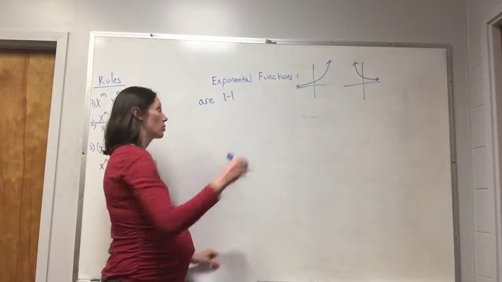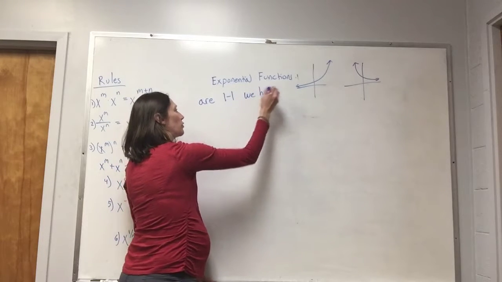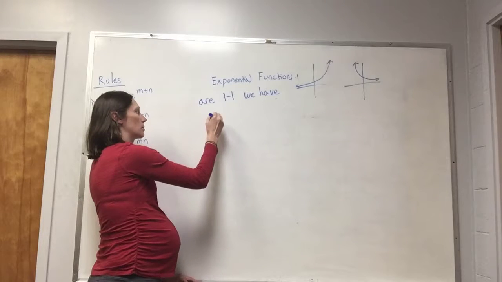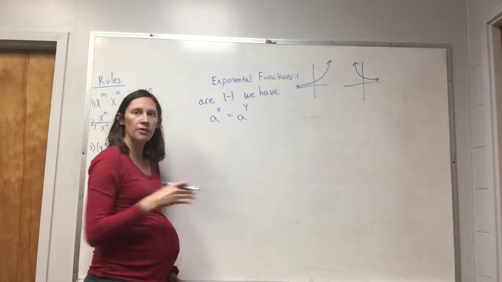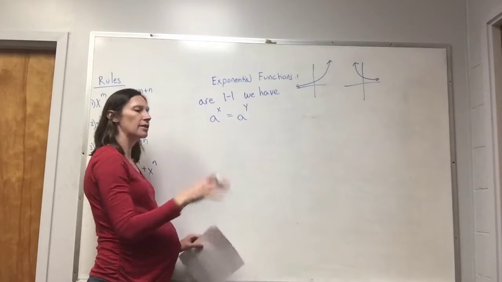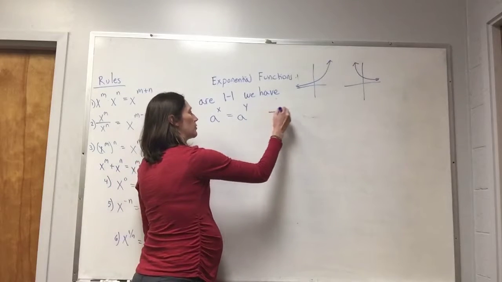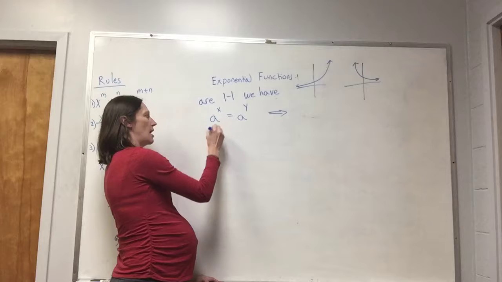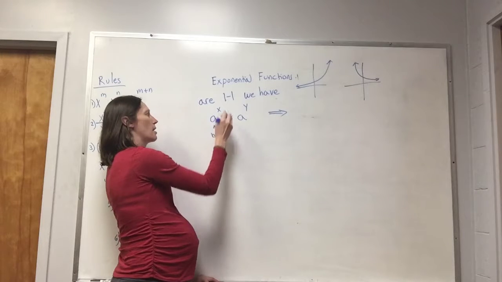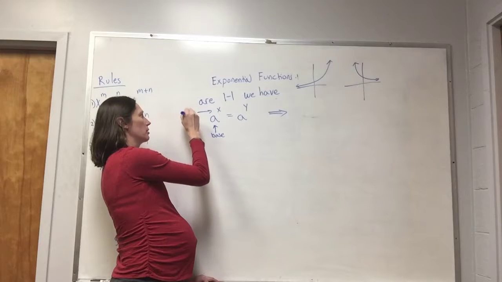So because they're one-to-one, we have the following fact that we can use. All right, keeping it very generic. If I keep it generic and use letters, that means I can apply this fact for a problem that later will have numbers. But if I see something with the same base, so this a is called the base, and then up here, the superscript is called the exponent.